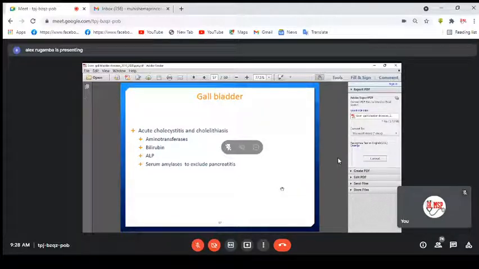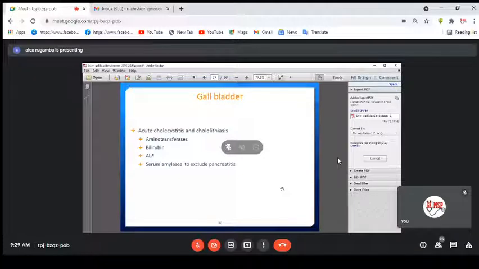Actually, these terms are a bit complicated to pronounce. Cholestasis is any condition in which the flow of bile from the liver slows or stops. So if the flow slows or stops, it is called cholestasis.